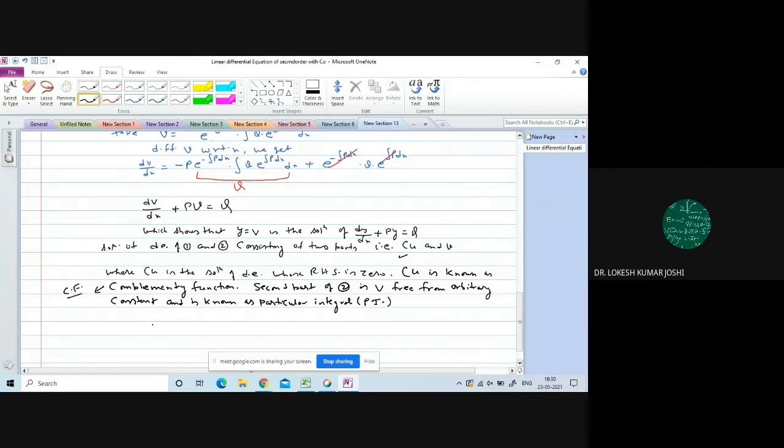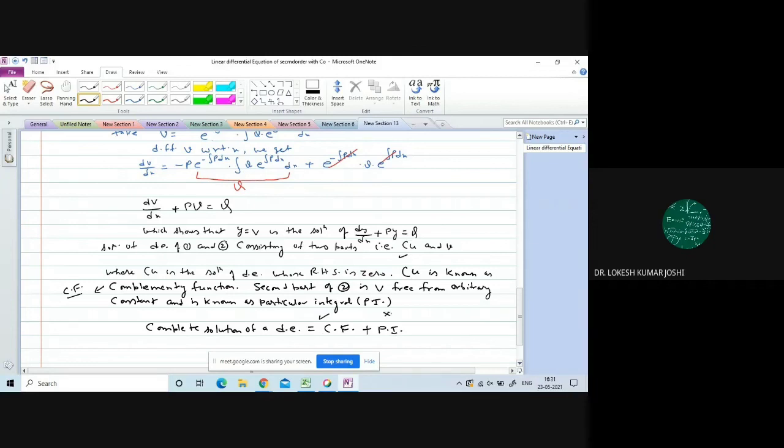Therefore, the complete solution of a differential equation is given by CF plus PI, where CF is the solution of the differential equation whenever the right hand side is equal to 0. Whenever we have a differential equation where the right hand side is 0, we always get the complementary function.